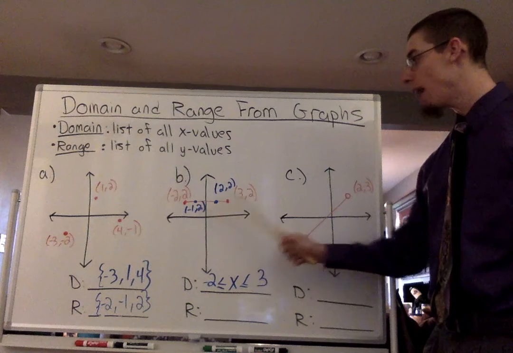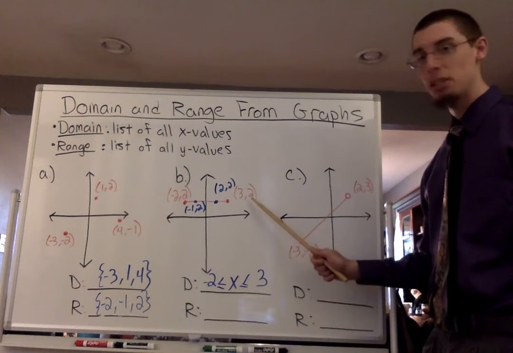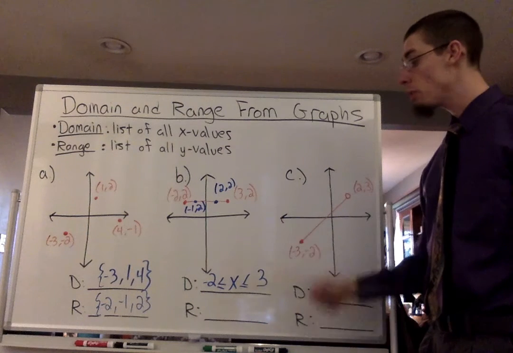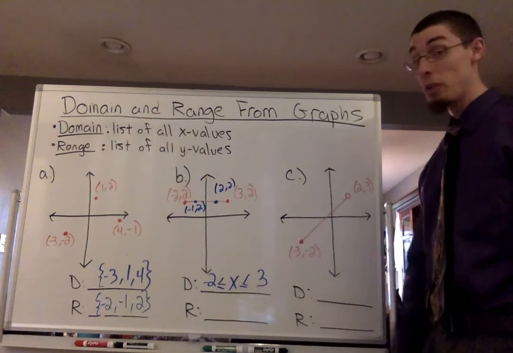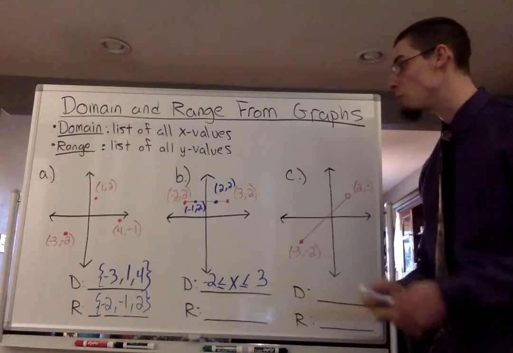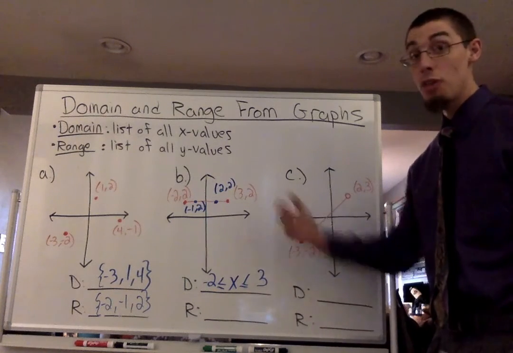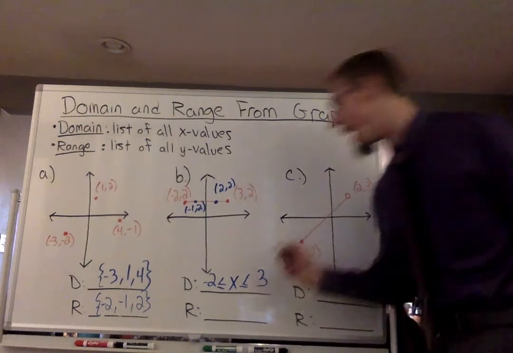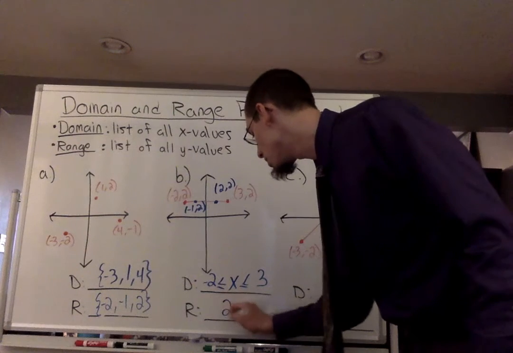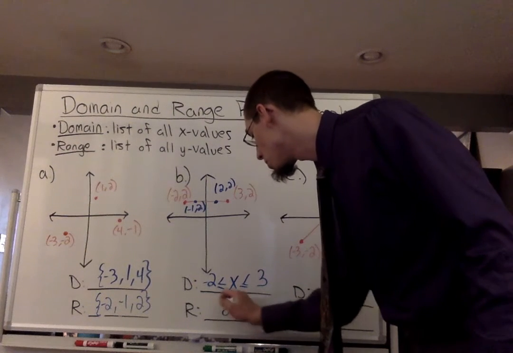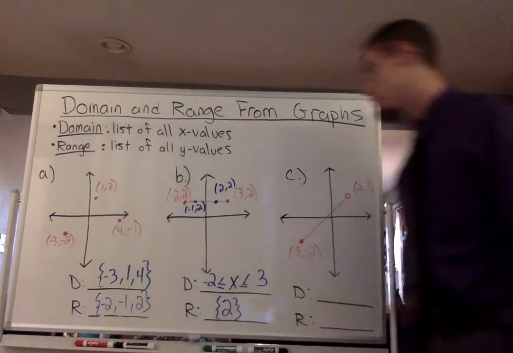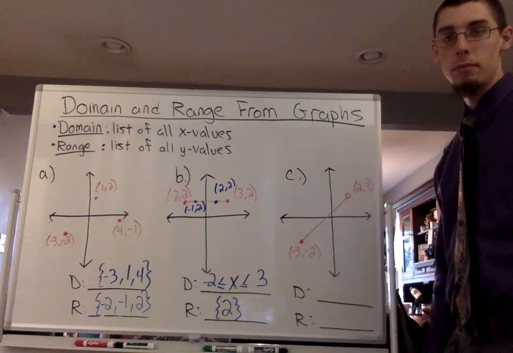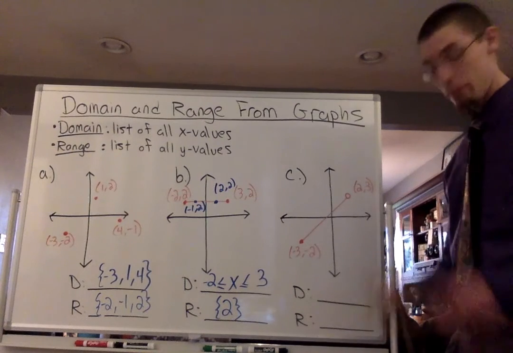The y value never changes. So your range, which is supposed to be a list of all the y values, well, in this graph, the only y value you have is 2. The range is literally just 2.